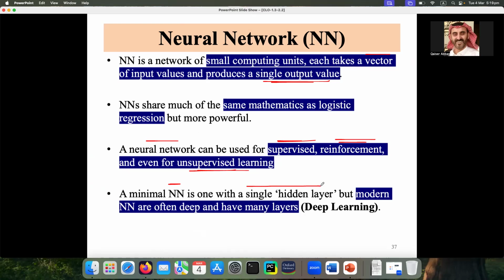This multiplication of input with the weights is what you are doing in the hidden layer. Afterwards the value goes towards the activation function, which can be softmax or sigmoid, which is for logistic regression, and many others. We will see them. So the smallest unit of a neural network contains only one hidden layer.